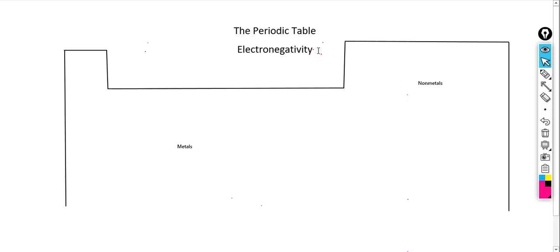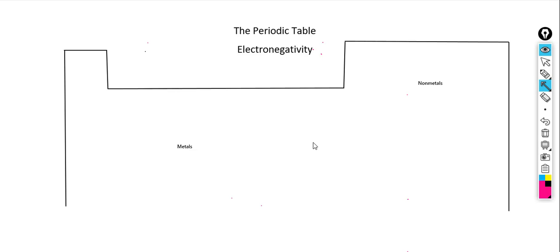Electronegativity is the tendency of an element to pull electrons toward itself when it's in a bonding situation. And nonmetals are better at doing that because nonmetals like to hold on to their electrons anyway, and they also like to pull other electrons toward them.